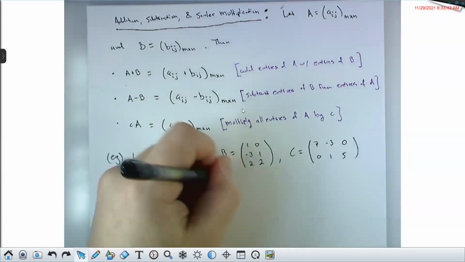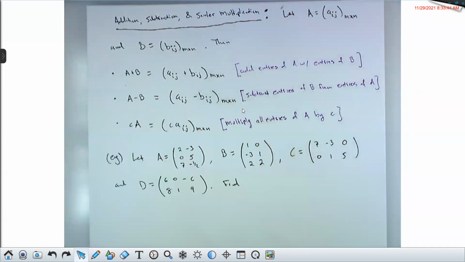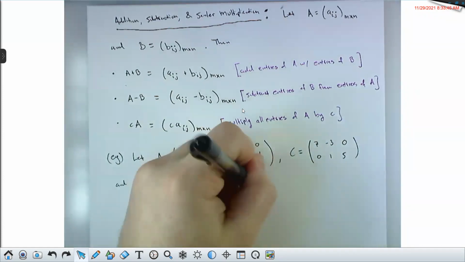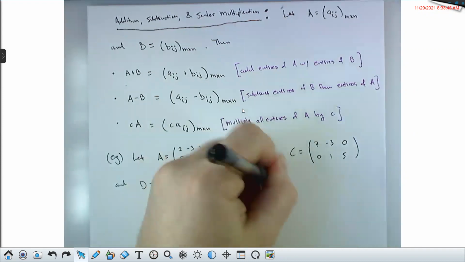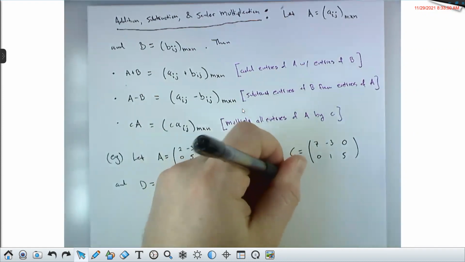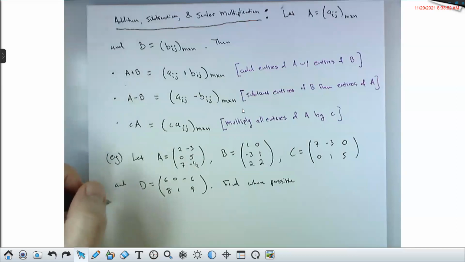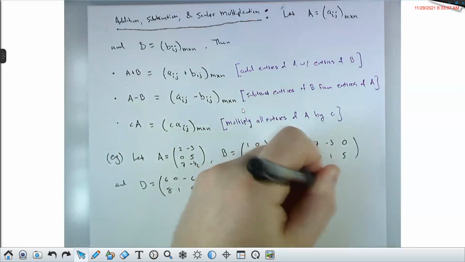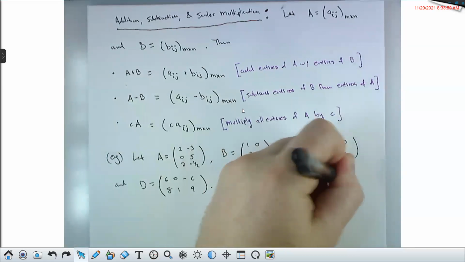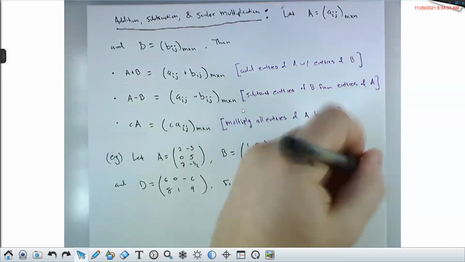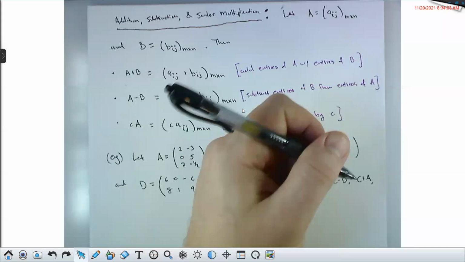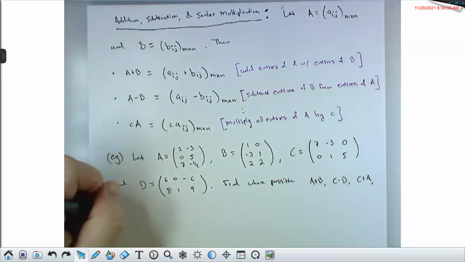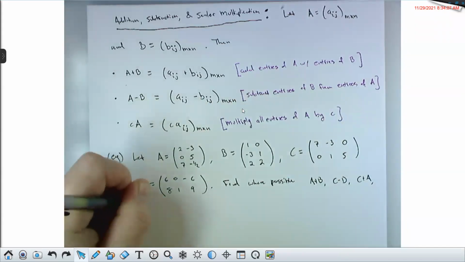And I want to find, where possible, the following things: A plus B, C minus D, C plus A, and 5A.